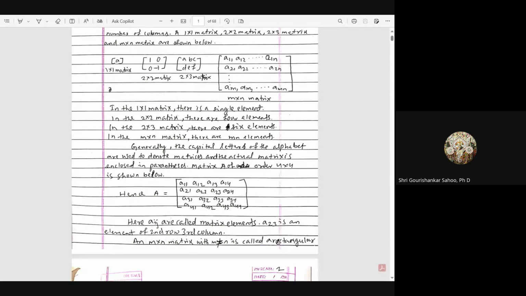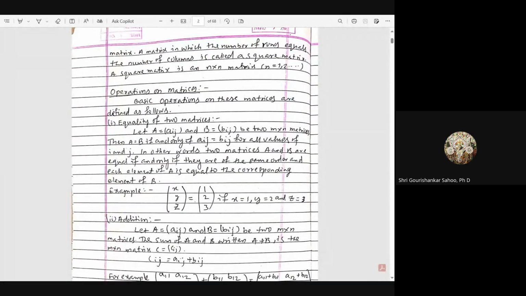Or your A23, A subscript 2, 3 is an element of the second row and third column you can see. Similarly, your M cross N matrix with M not equal to N is called a rectangular matrix. So if in a M cross N matrix, your M is equal to N, it is a square matrix. And if M is not equal to N, it is called a rectangular matrix.